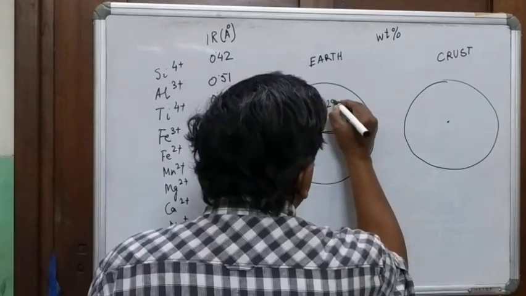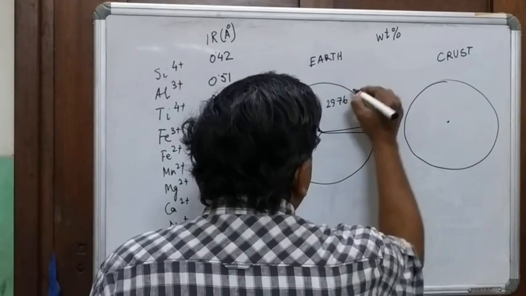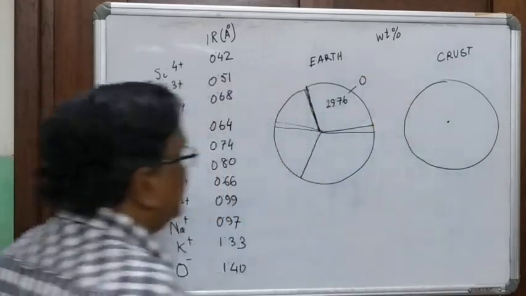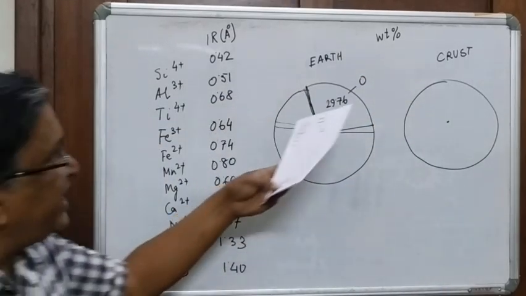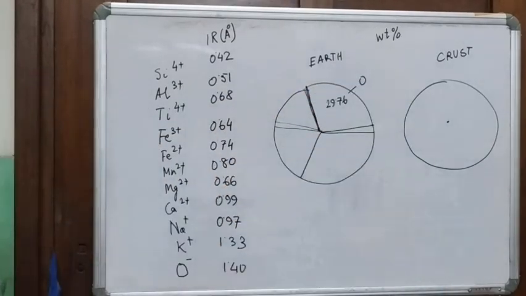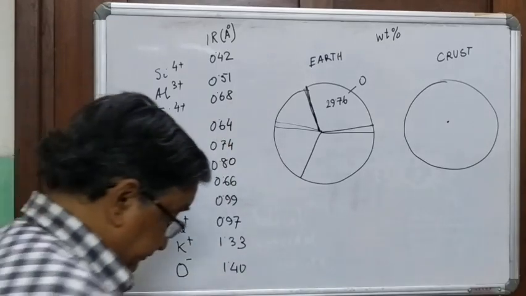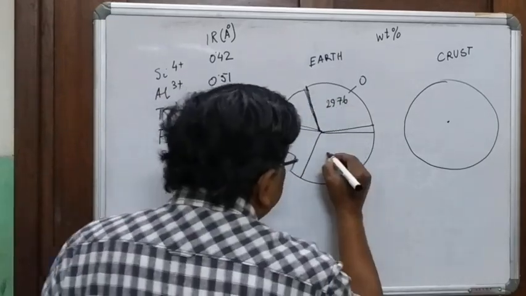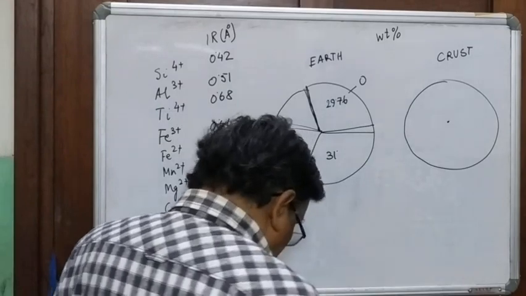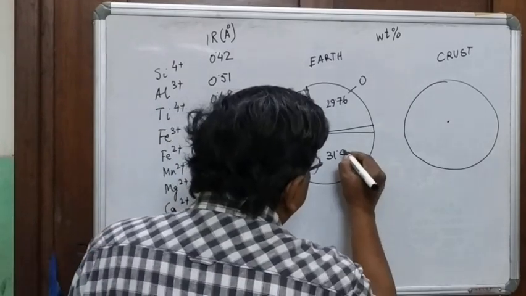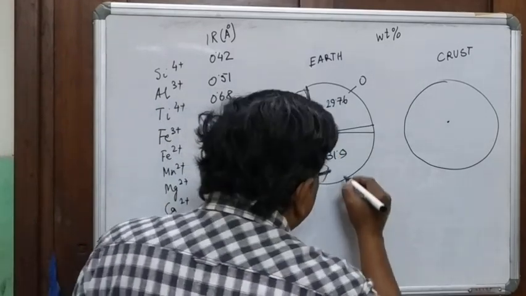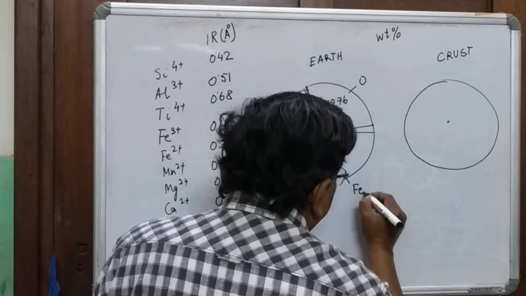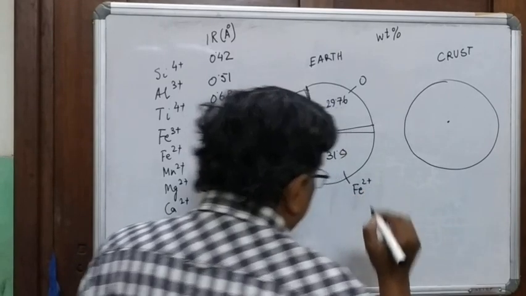Now this is 29.76 and this is oxygen. 29.76 weight percent oxygen if you take the whole Earth. This is 31.9% and this is for iron, Fe2+.